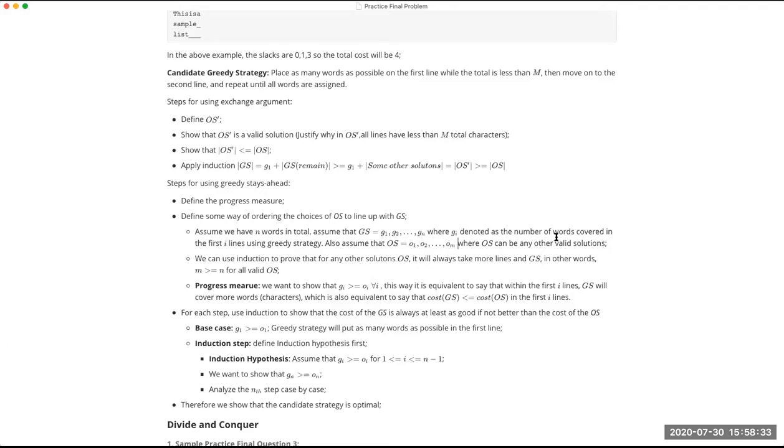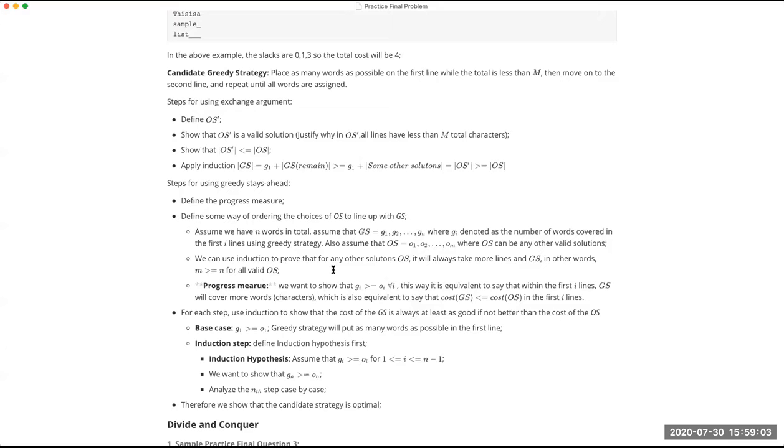And one thing is we can use induction to show that if we're using the greedy strategy, then the number of lines we will use is definitely less than the number of lines we will use using other strategies. So we can say n is for sure less than or equal to n. This is the second thing. We can use induction to prove that any other solution OS will take more lines.